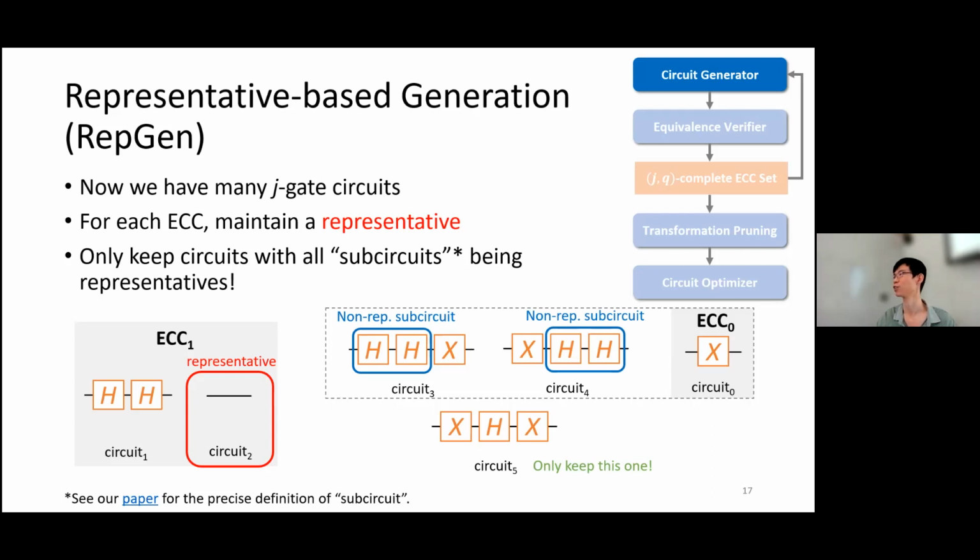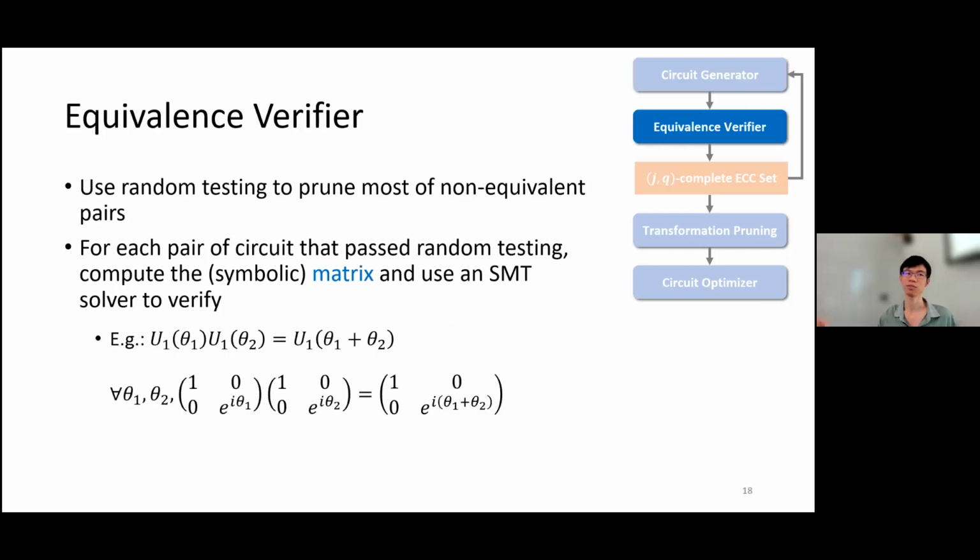If we are given, for example, 24 hours for optimizing a circuit, then we can first spend a few hours to find the best n. But if the time limit is shorter, maybe we still want to generate the ECC set beforehand and just use some of them.